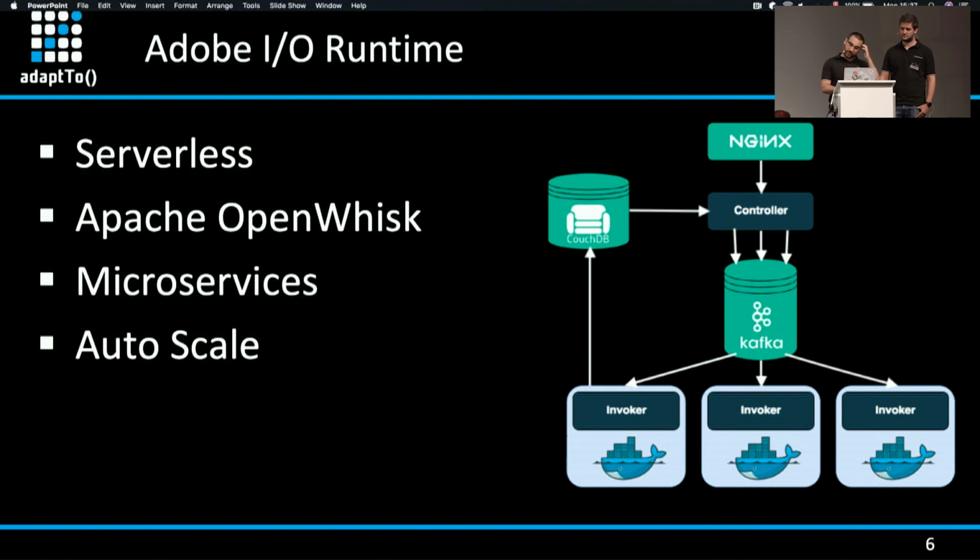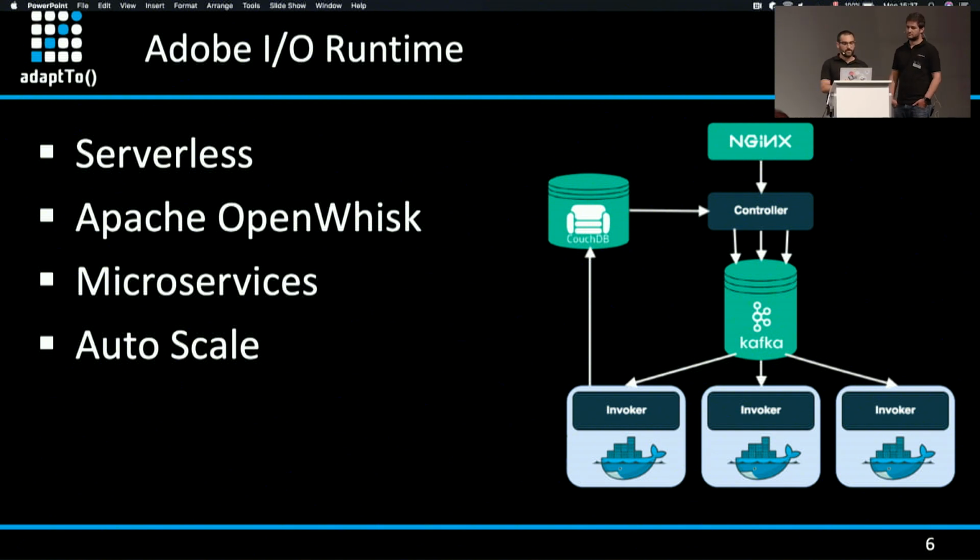This is going to be running on top of Adobe I/O Runtime, which is a serverless platform. I think it was already mentioned in the first talk, something about OpenWhisk. Adobe I/O Runtime is an extension, or a fork more or less, of Apache OpenWhisk.